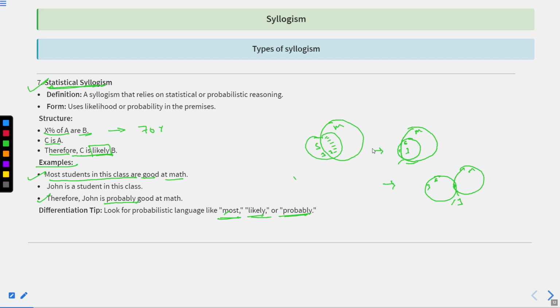Taking that into your mind, you should always remember that whenever there is a question related to syllogism, these syllogisms will end up with an inference where the answer will have words like all, mostly, likely, or probably in their inferences. And this is how you have to differentiate between the types of syllogism when you talk about statistical syllogism on a clearer note.